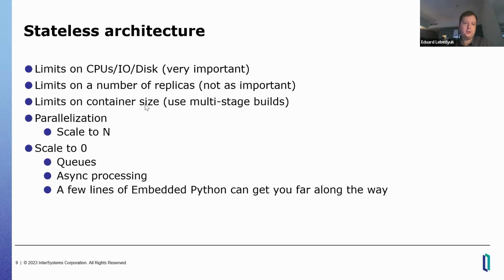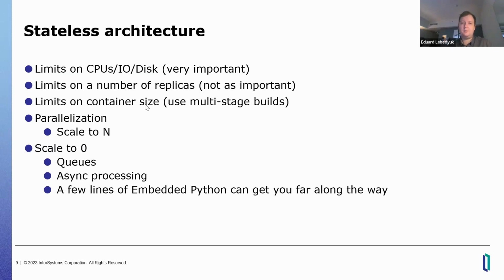Here are the limitations. So first of all, limits on CPU, I/O, and disk, which become very important very soon. For example, if you're on Kubernetes, you can usually allocate whatever you want. But if you're using Fargate, AWS ECS with a Fargate backend, where you don't manage servers, you just provision containers and they are just running somewhere, you're limited to 16 CPUs, and your ephemeral disk is limited to, I think, 200 gigs.